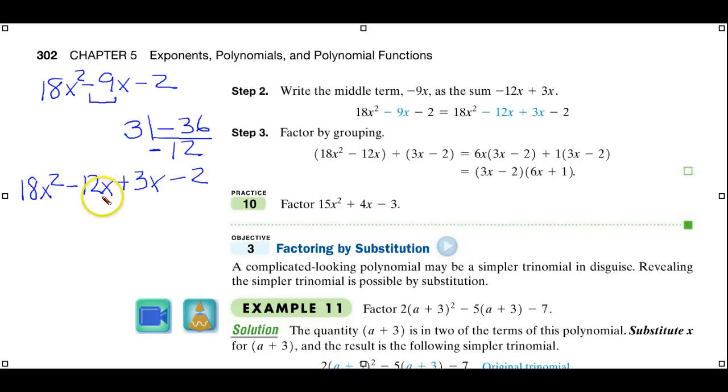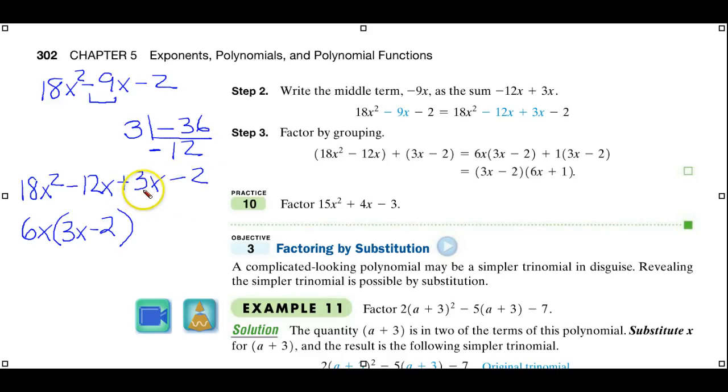So out of here, I'm going to factor out a 6x. And I get 3x minus 2. Now, lo and behold, what do I have here? 3x minus 2.